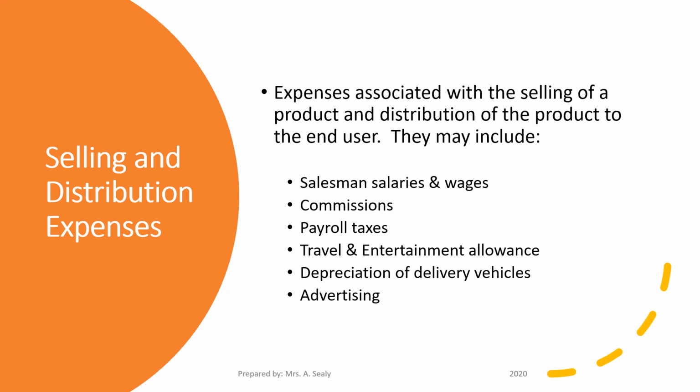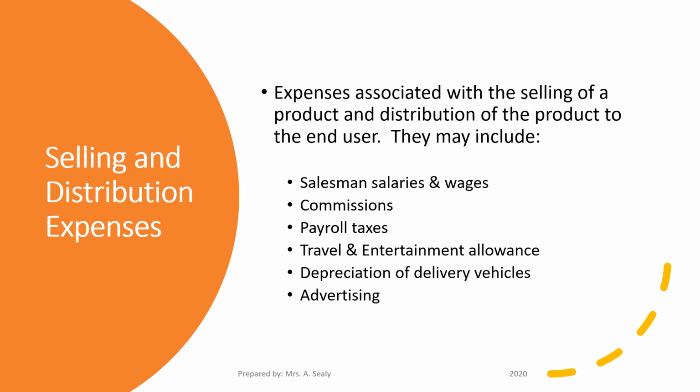travel and entertainment allowance. So for example, if the person has to go overseas to promote the product to get it sold, they may have to fly to another country, so that travel expense that is incurred would be associated with the selling and the distribution of the product. And they may have to go to a function where they are promoting the product.